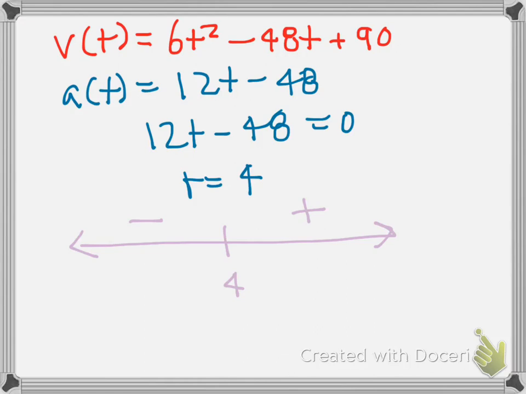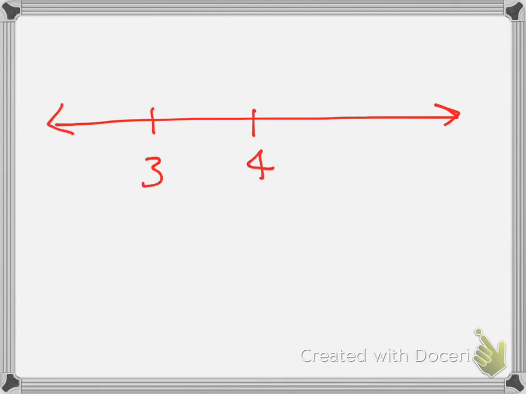So, as you're doing this, now we need to put both of them on the same graph to compare them. So I'm going to start a new graph, and I'm going to plot the points that I have. So I'm going to plot 3, 4, and 5. I'll do the velocity in blue.